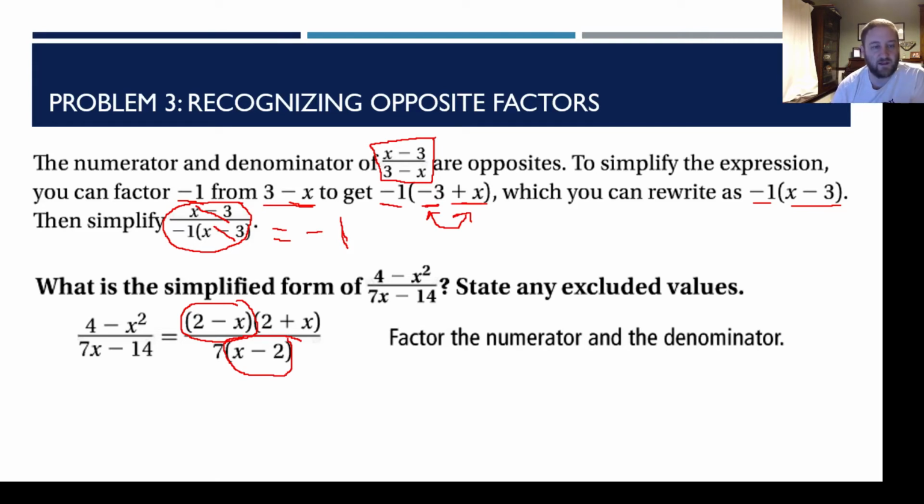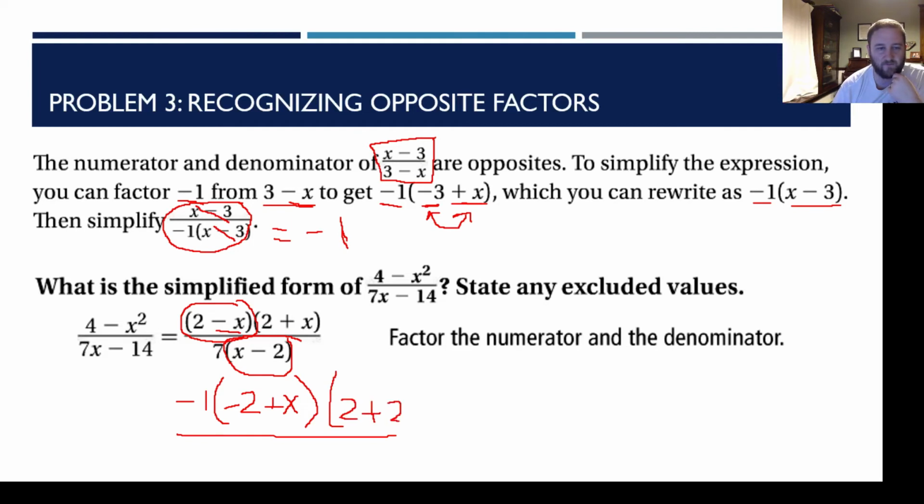Using what we just did, if we factor a negative 1 out from 2 minus x, 2 divided by negative 1 is going to be negative 2. And then negative x divided by negative 1 is going to be a positive x. And then we've got 2 plus x over here.